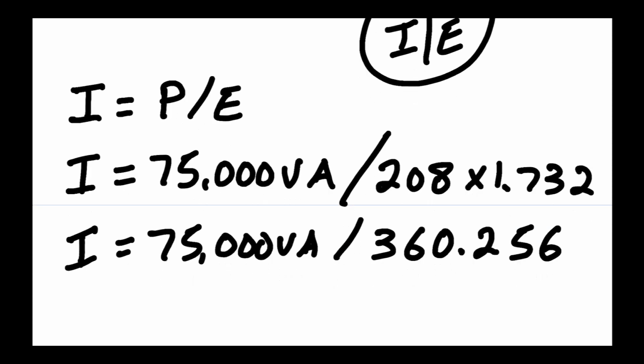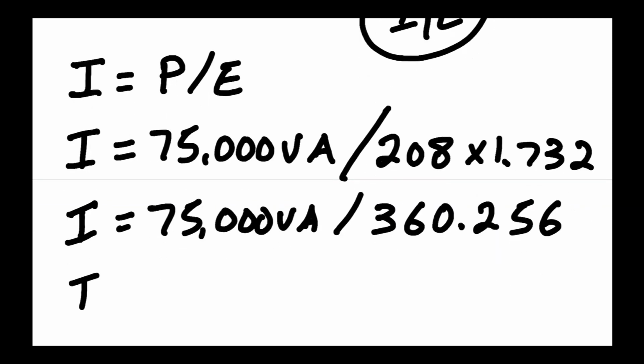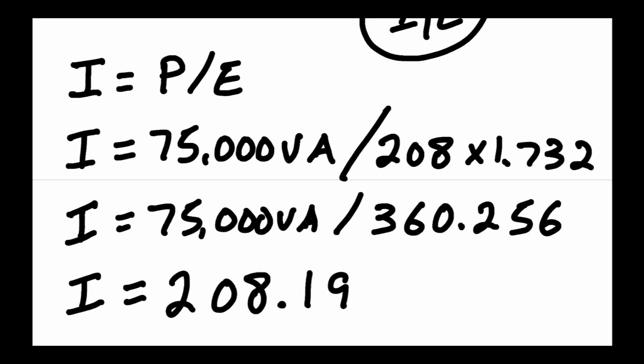All right, so let's continue with this calculation. My amps on the secondary side are going to be 75,000 divided by 360.256, and the amps are going to be 208.19 amps, which is the full load amps on that transformer.